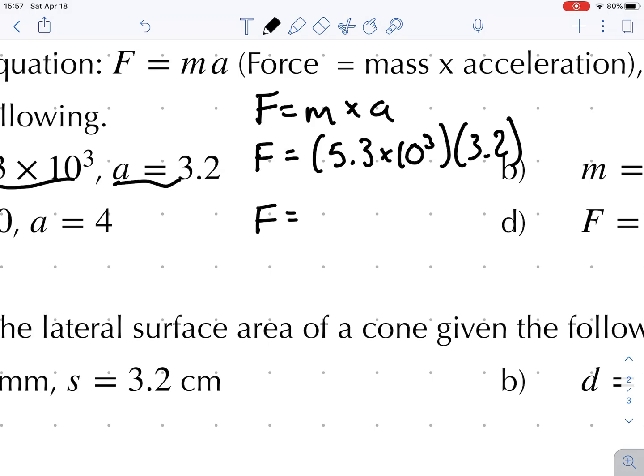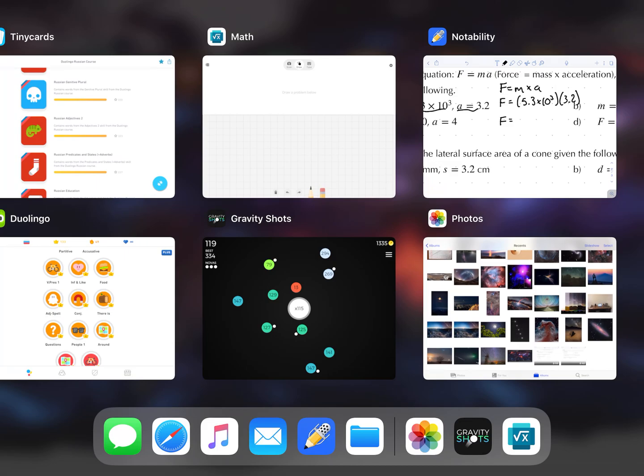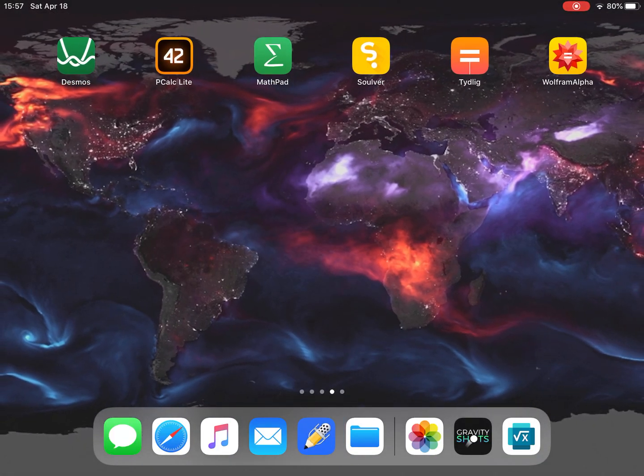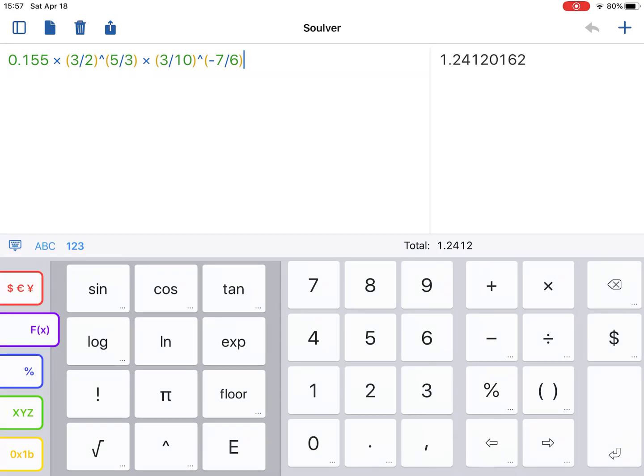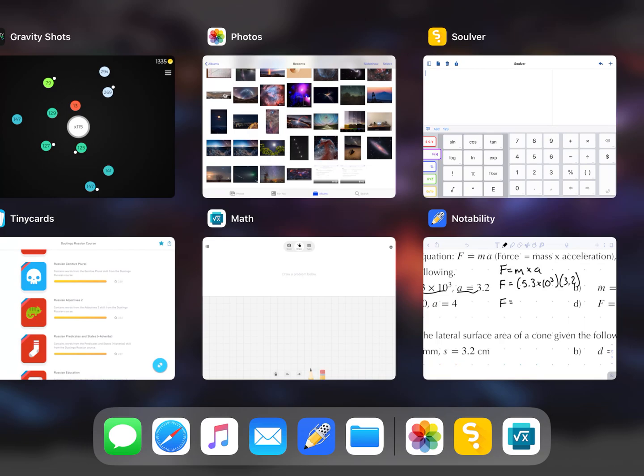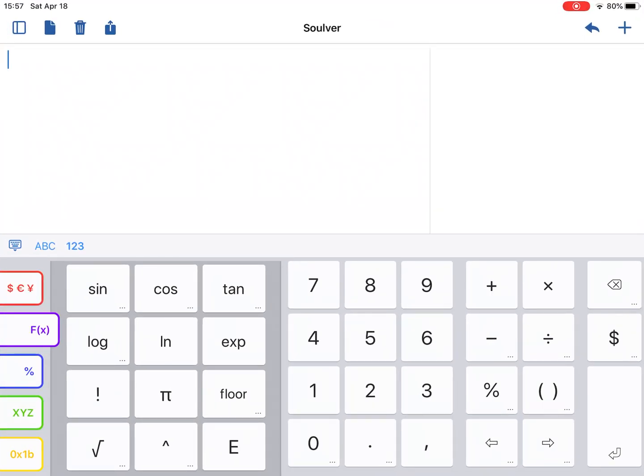All right, so I need a calculator where I can do this. I'm going to go to Solver. I like Solver. And I'm going to put in 5.3 times 10 to the 3.